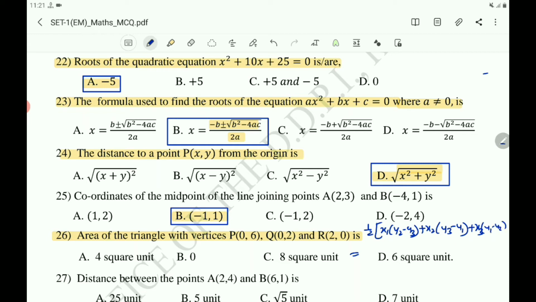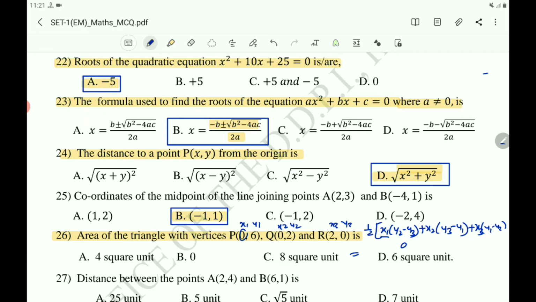Here you observe, this is x1 y1, x2 y2, x3 y3. Now x1 is what? 0. So this whole becomes 0.